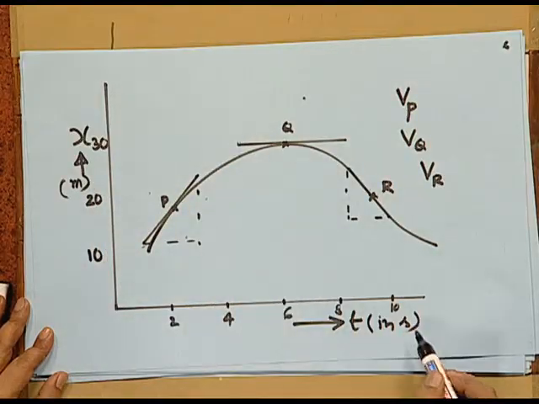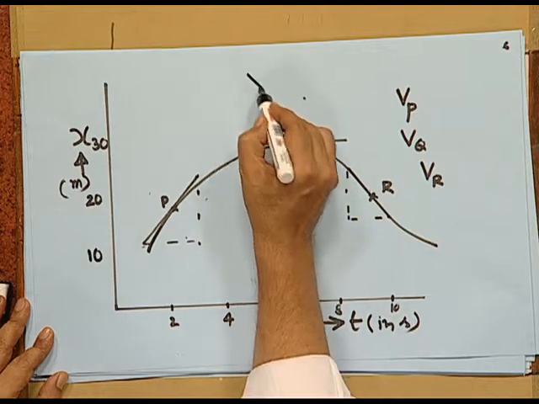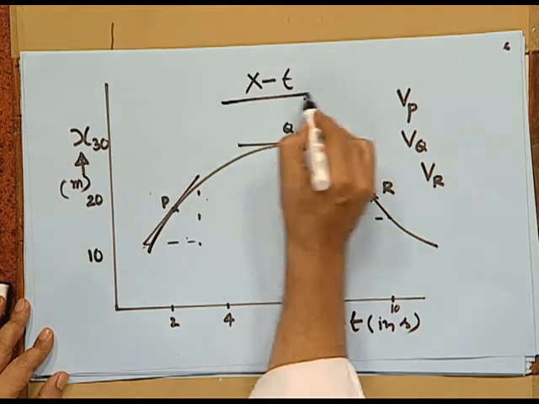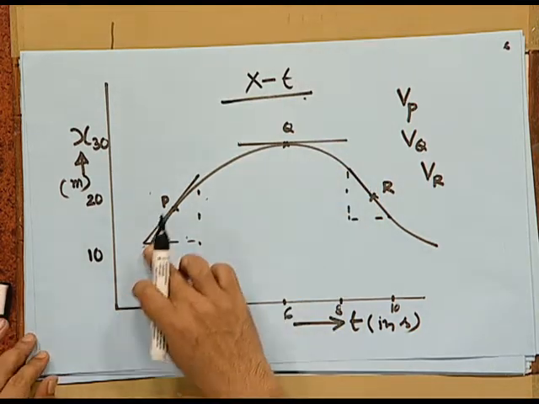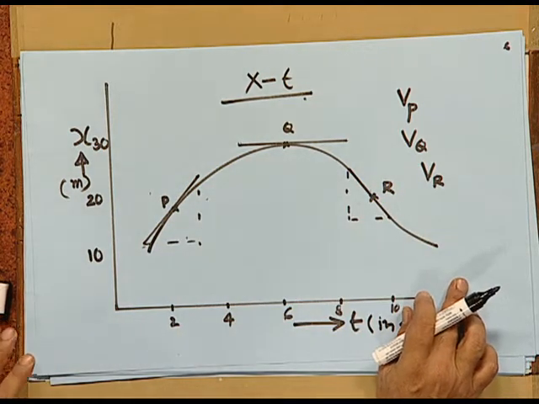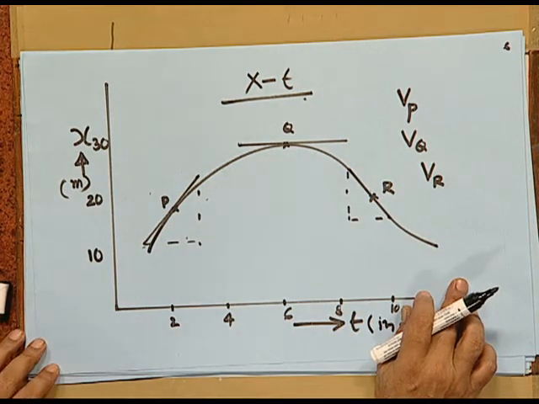This is instantaneous velocity. Now, let us look at another position-time graph, that is the change of position with respect to time, the x-t graph. The position is continually changing, the object is moving in a straight path, but the change in position is indicated along the curve.